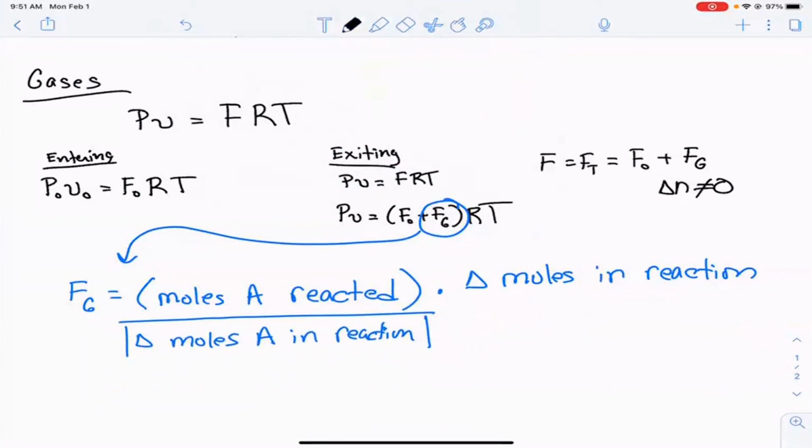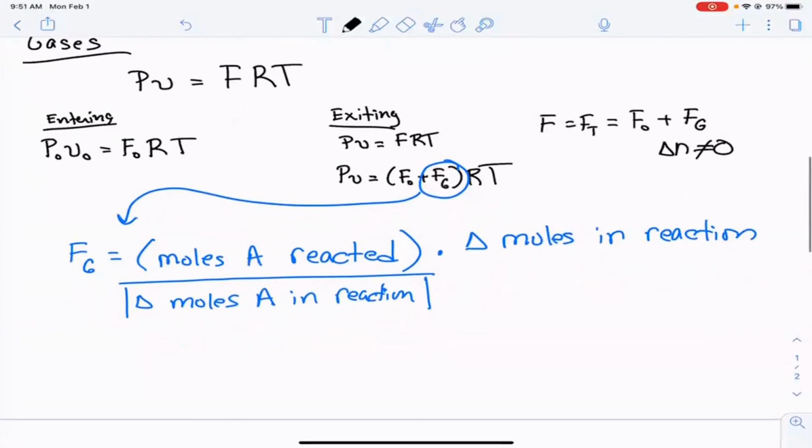Okay. So now what does this mean, right? Let's put this in terms of variables that we've seen before. To me, this just means that this new variable, Fg, the generated number of moles flowing in our system, well, the moles of A reacted, we already know what that is.